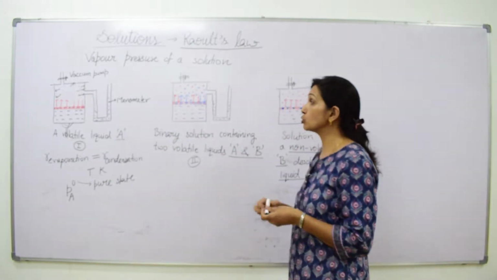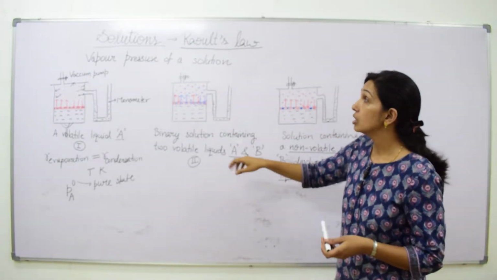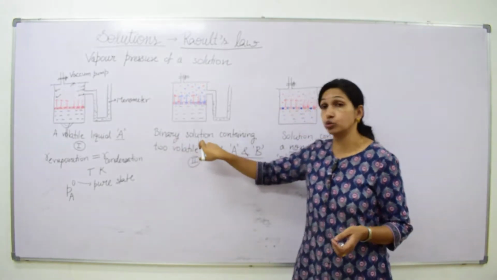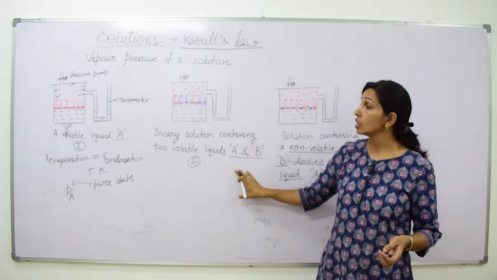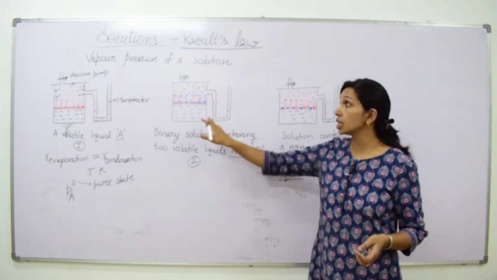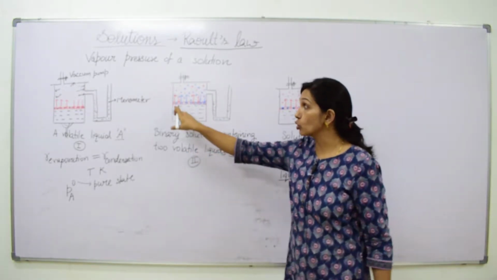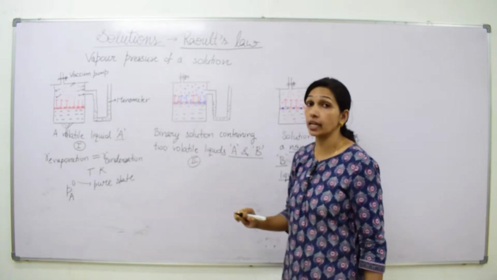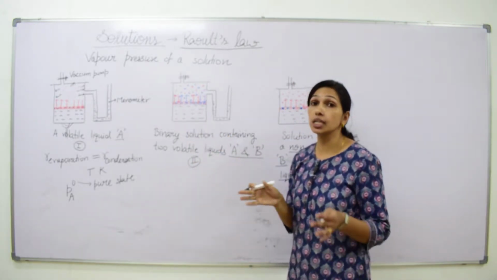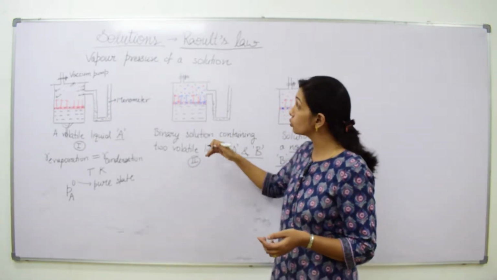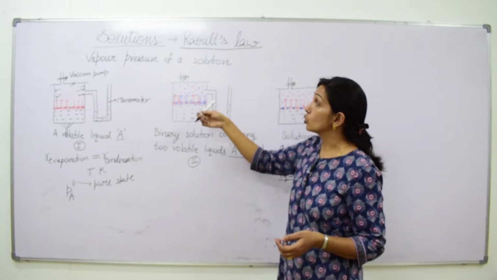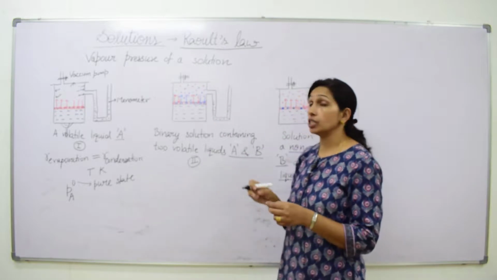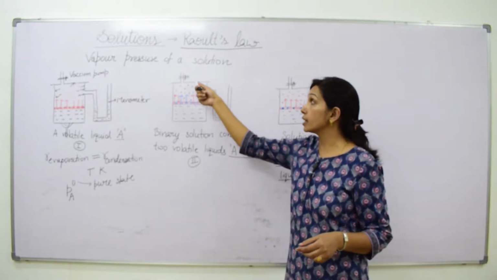Now, in the second case, we have taken a binary solution containing two volatile liquids, A and B. Both the liquids are volatile, one shown by blue and the second one shown by red. It means both the liquids can change into their vapor, so their particles will strike the wall of the container, causing pressure.